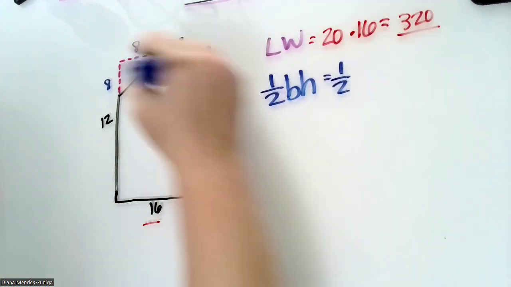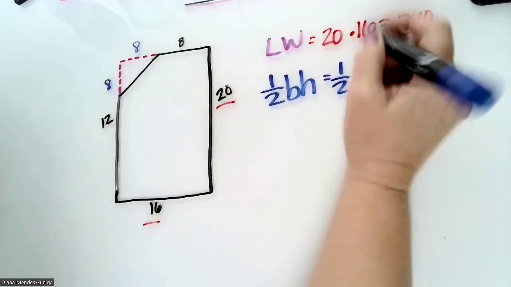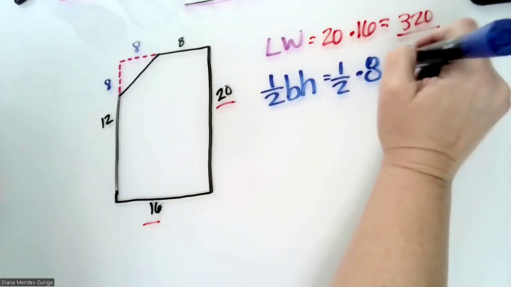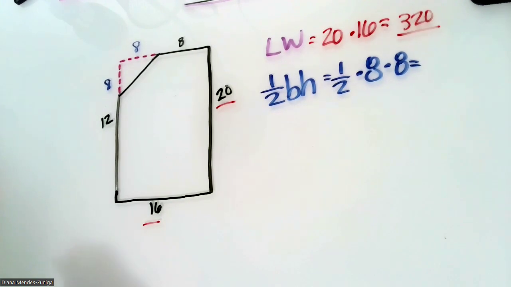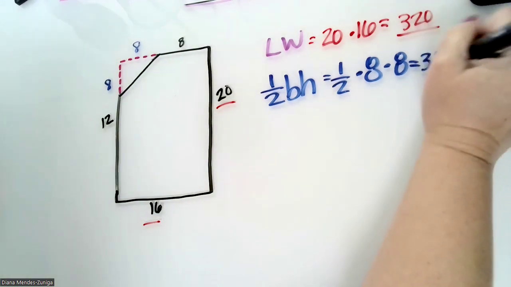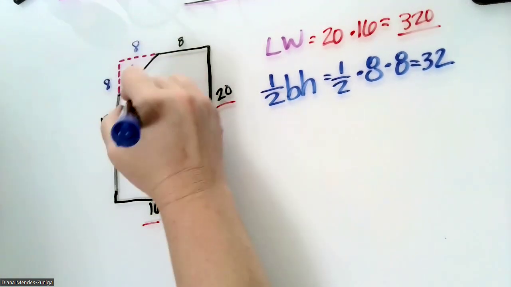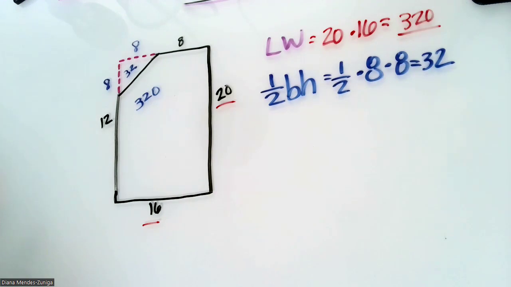So it's going to be half times our base, which we can use this one, is 8, and times our height up here is going to be 8. And that is going to leave us, if we put it into the calculator, or use our ND button, 1/2 times 8 times 8, and that gives us 32. So we know that this little section up here is 32, and this one in here is 320.